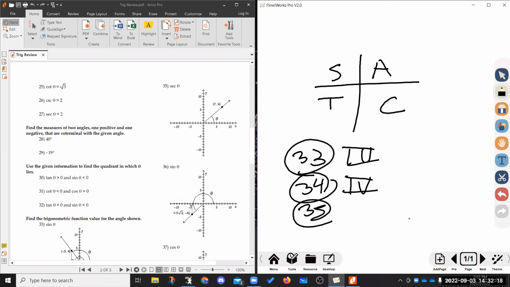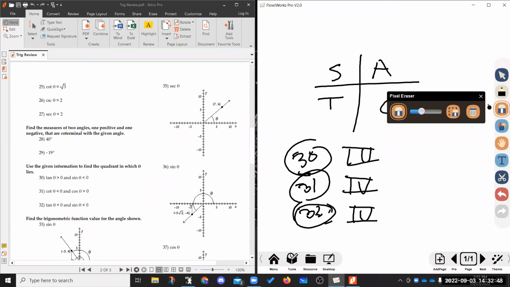Sorry, these were wrong numbers here. 30, 31, and this is going to be 32. Tangent is negative, so I have negative slope, and sine is negative. My y value is negative, so I'm in quadrant 4. Okay.